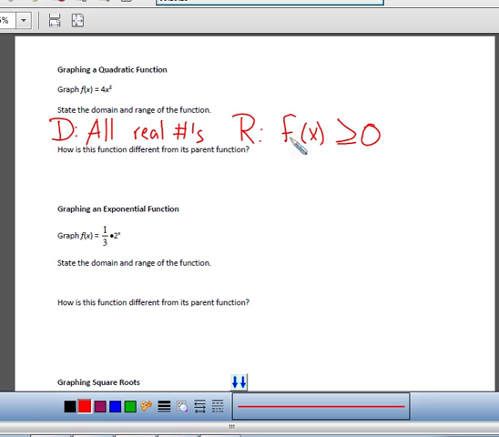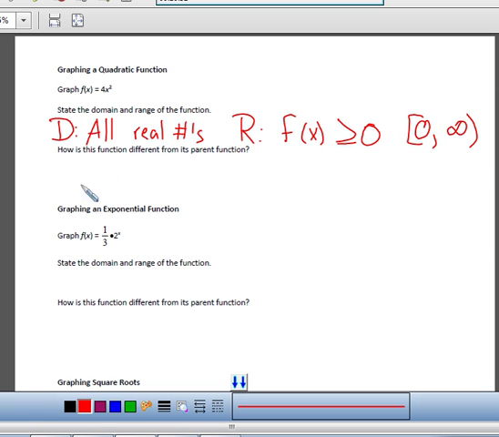You know what that is? That's just basically saying the same thing. All real numbers greater than or equal to 0. This is probably not the best way to write it. All real numbers, or from 0, using interval notation, 0 to infinity, square bracket, parentheses.